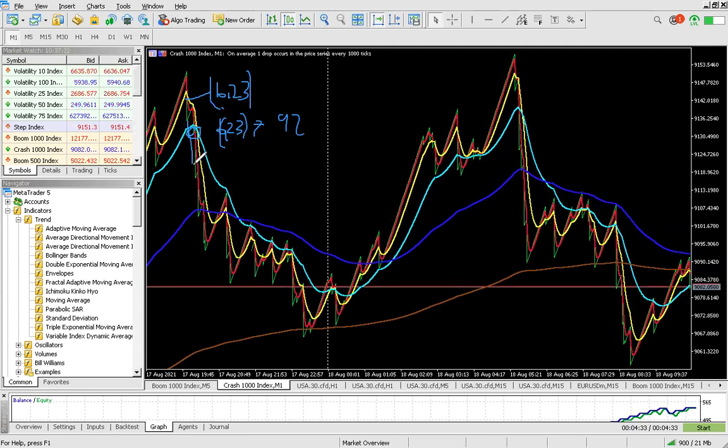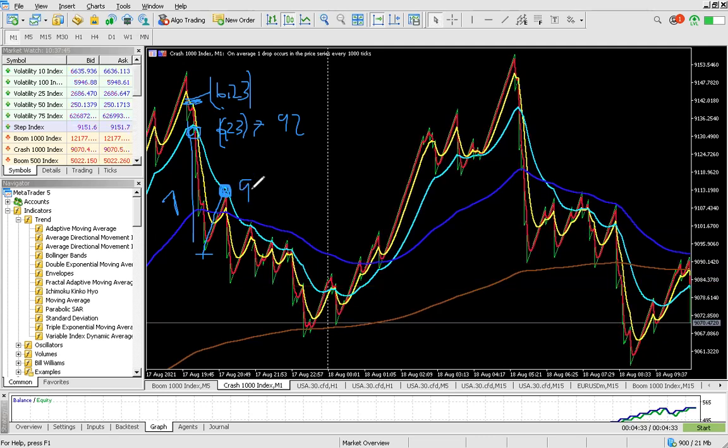This will be your level 1. And we said the market moves in 3 levels. So you measure the level 1 from the point of intersection there to this particular point here. Then after this, the market will most probably pull back and hit the 92 EMA.